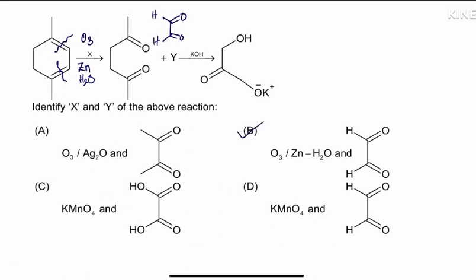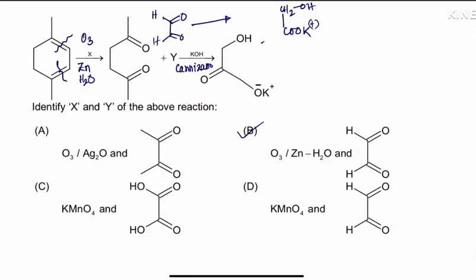And your question will be, what happened here? See, this KOH and this aldehyde will give a Cannizzaro reaction. Do you know, with both aldehydes, one part of the aldehyde, after giving KOH, will form CH2OH, and another part will form the acid form, the potassium salt of the acid.